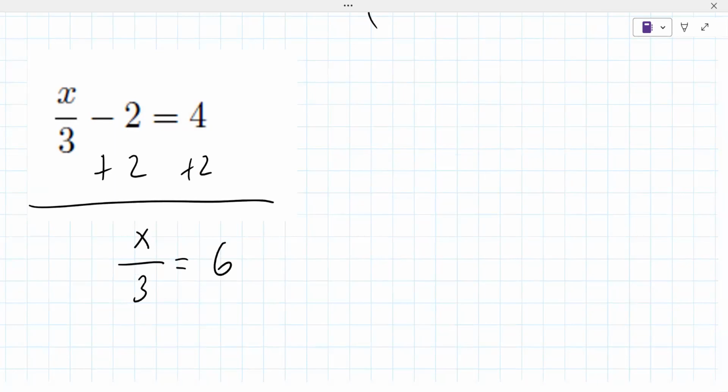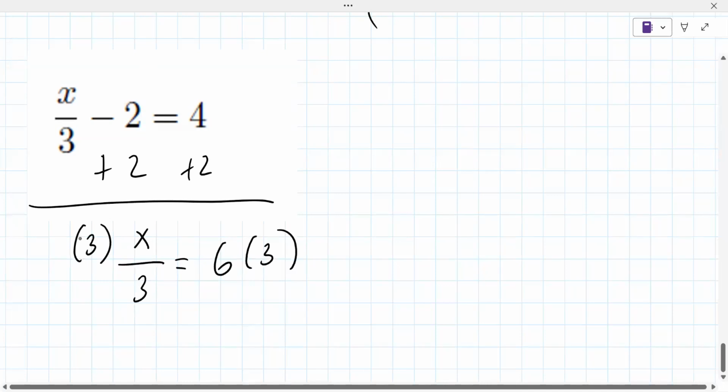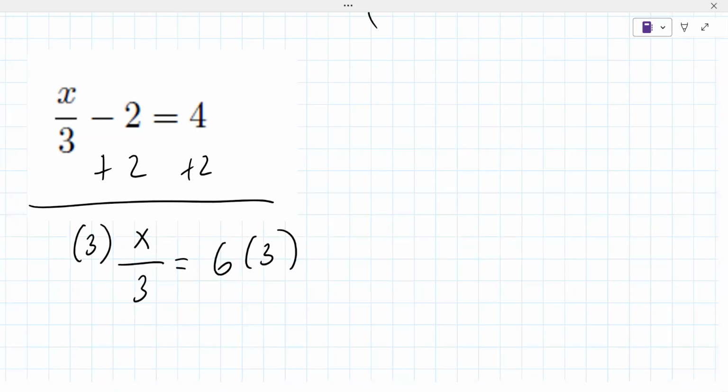So the only thing that's different about this one really is the fact that it's division. So how do you undo division? Well, you multiply. Is that okay? Okay. So you multiply by the number that's on the bottom, so 18. Yes.